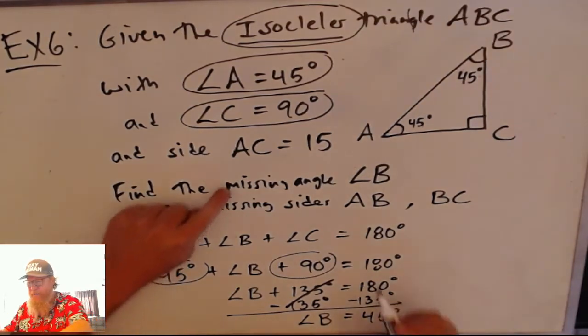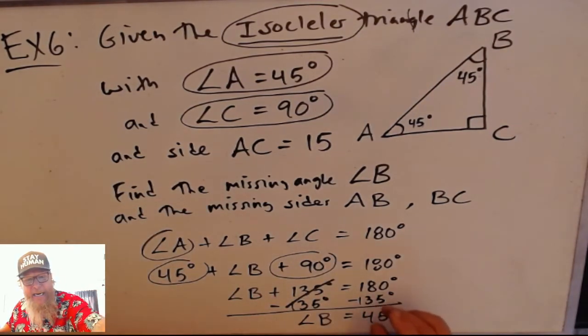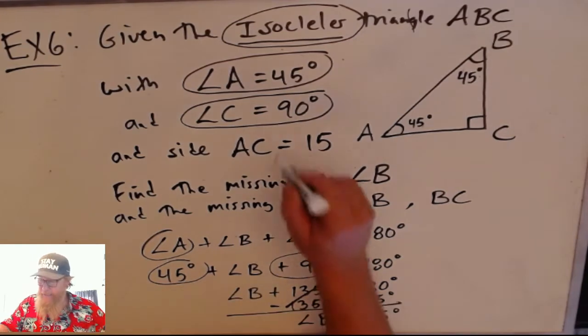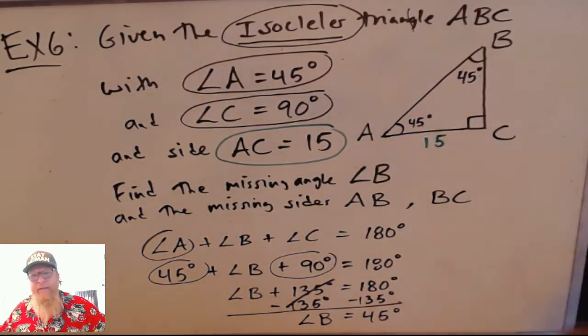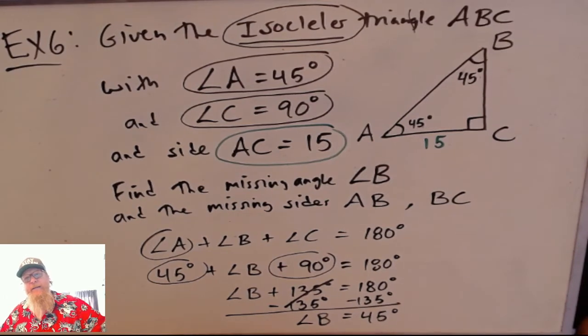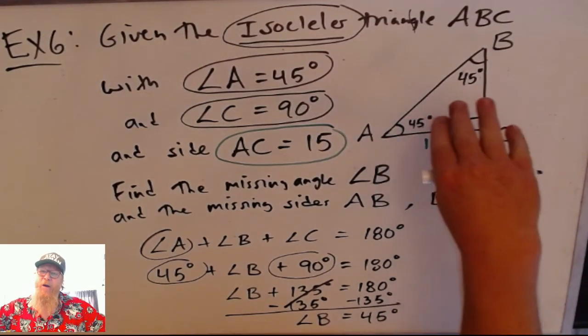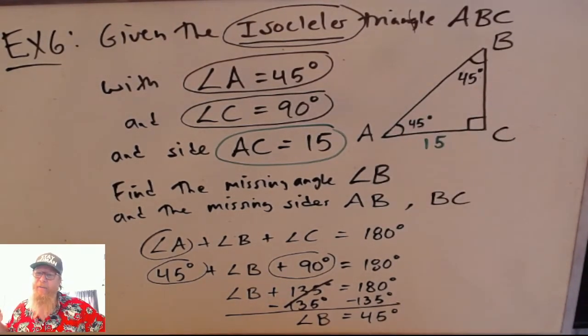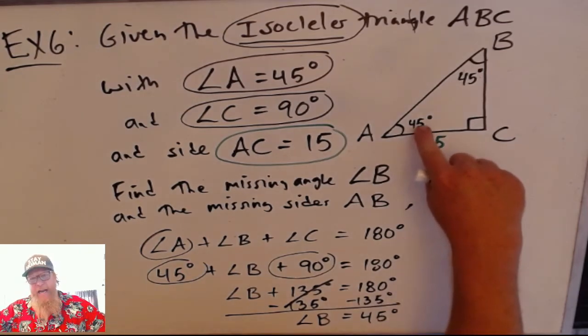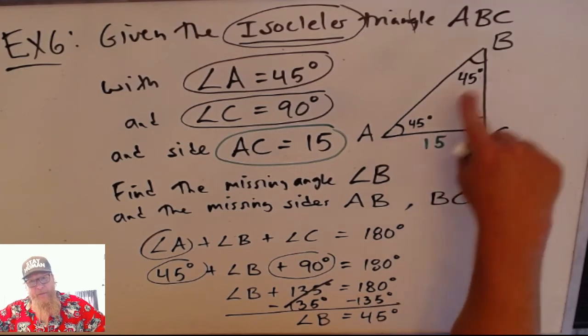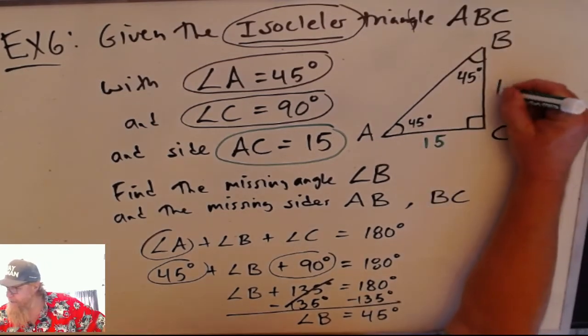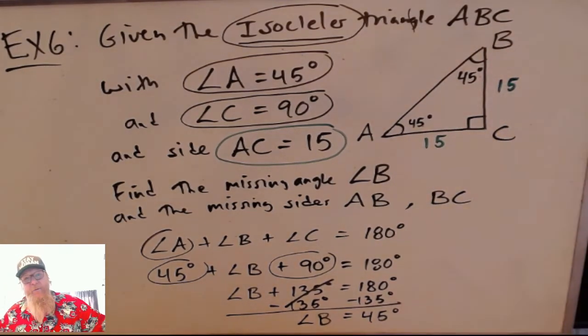Now we know that the side AC is 15. Now I have to apologize for my drawing. It's not to scale. If the angles are equal, these two angles are equal, then these two sides must be equal.